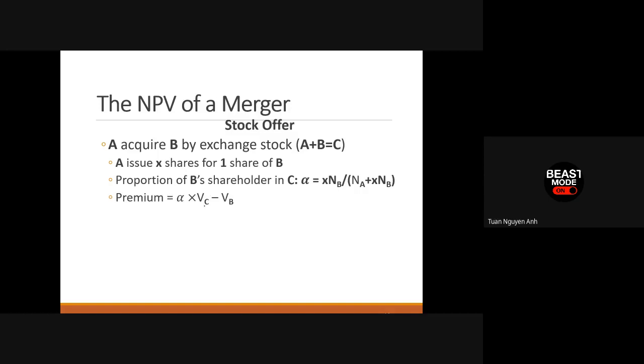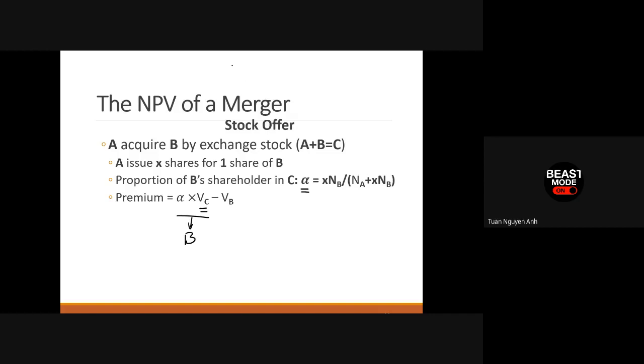Okay, so the premium. The premium is just the value they receive for this deal. Here, alpha is the proportion of the ownership, and alpha multiplied by the value of the new firm will be the value that goes to company B, or B's shareholders. This is equivalent to the 600 of the previous example.